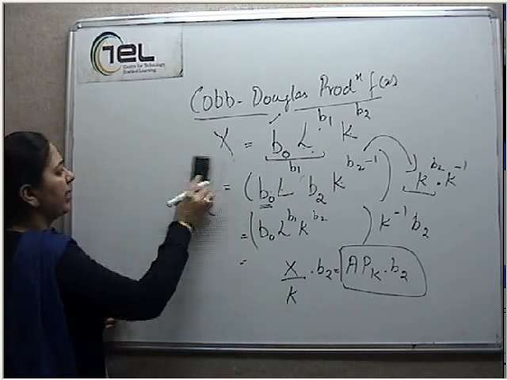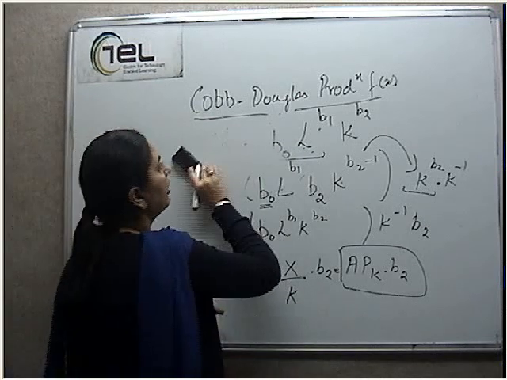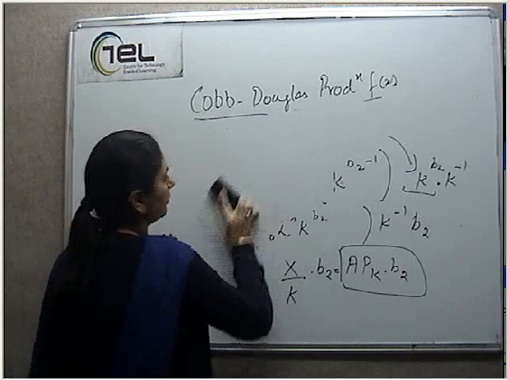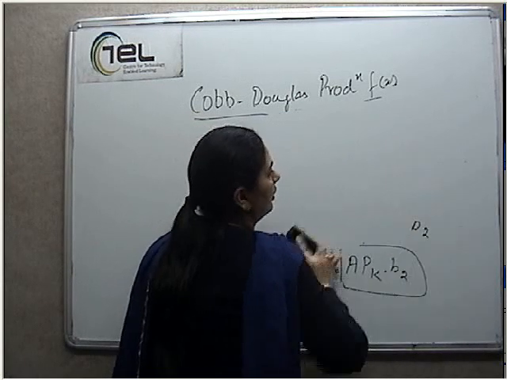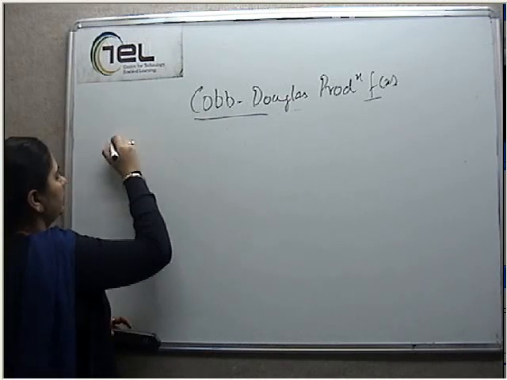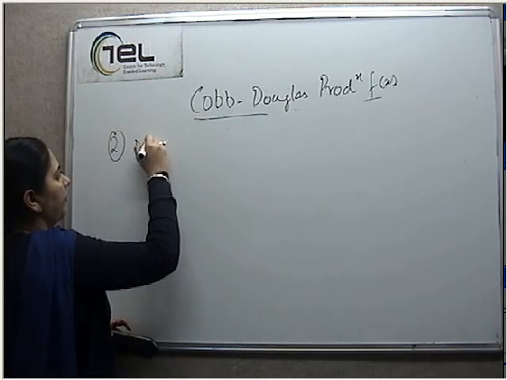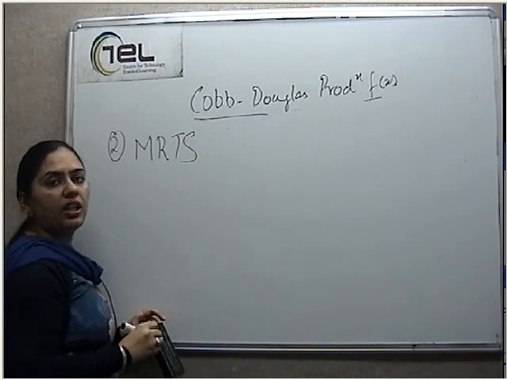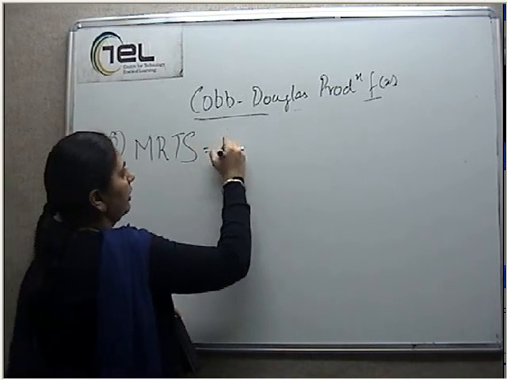Now we will be doing the second property, that is the marginal rate of technical substitution, which I can write as MRTS.